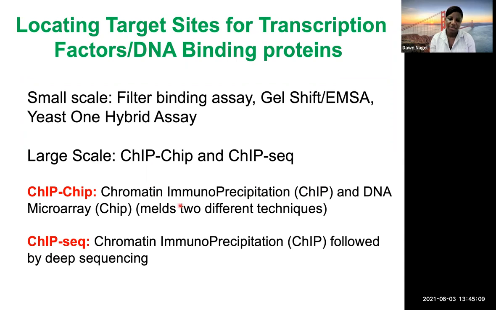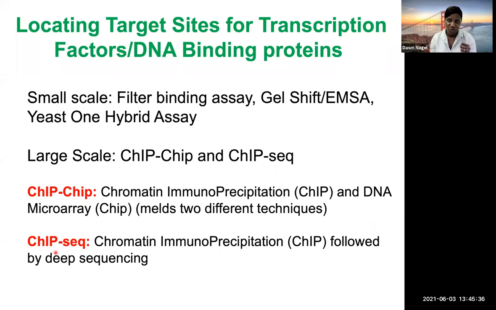And depending on what you do after that initial ChIP, you determine the outcome of what you want. So after your initial ChIP, you can then combine that with a microarray experiment, okay? Because this will tell you where it's binding and how those genes are expressed.